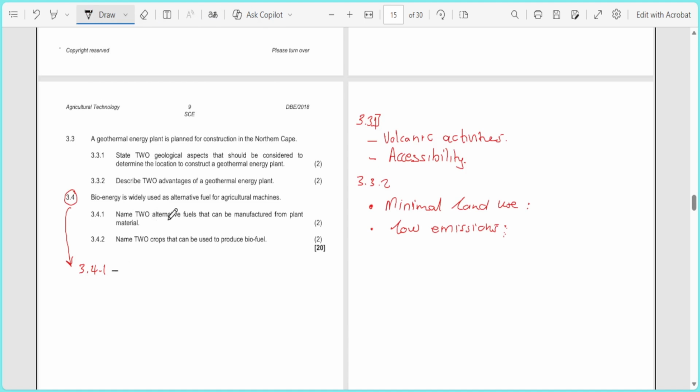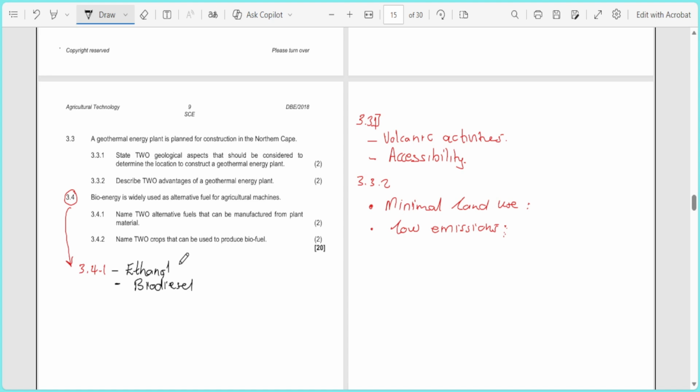Name two alternative fuels that can be manufactured from plant material. Okay, that's going to be ethanol as the first one, and another one might be biodiesel. Yeah, biodiesel, why not? Biodiesel is going to be another alternative.